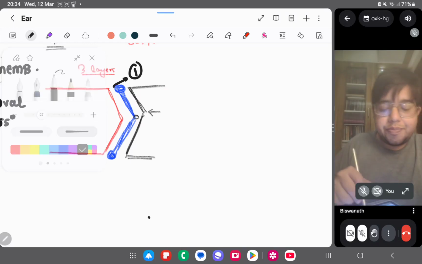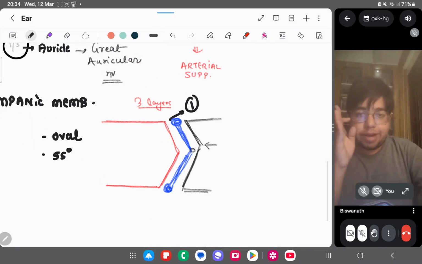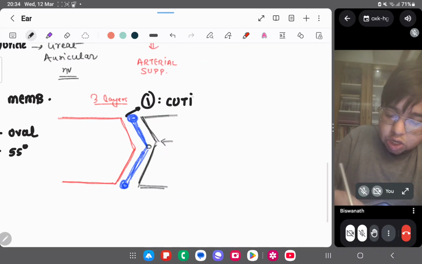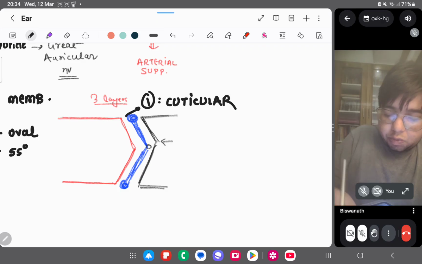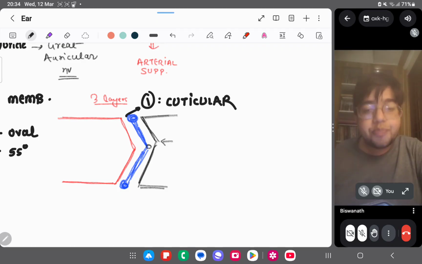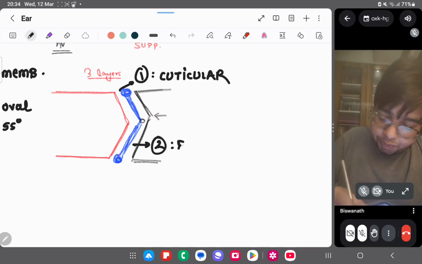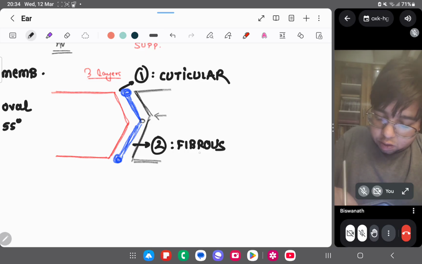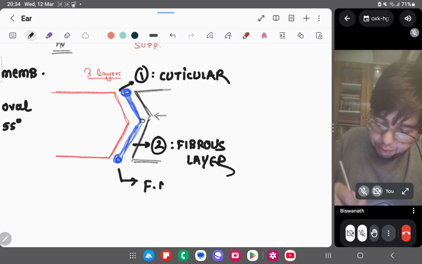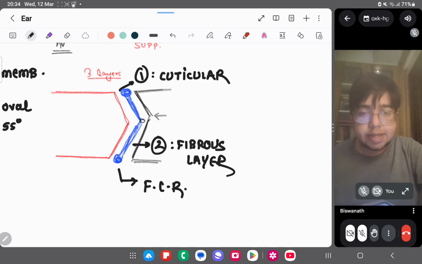Don't worry. The first layer is called the cuticular layer. It is made up of stratified squamous epithelium. The middle layer is also called the fibrous layer. And these rings are called the fibrocartilaginous ring, FCR.